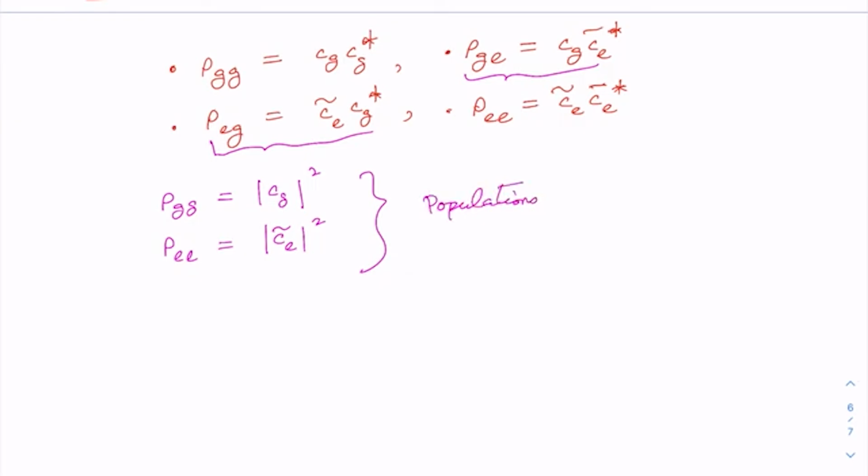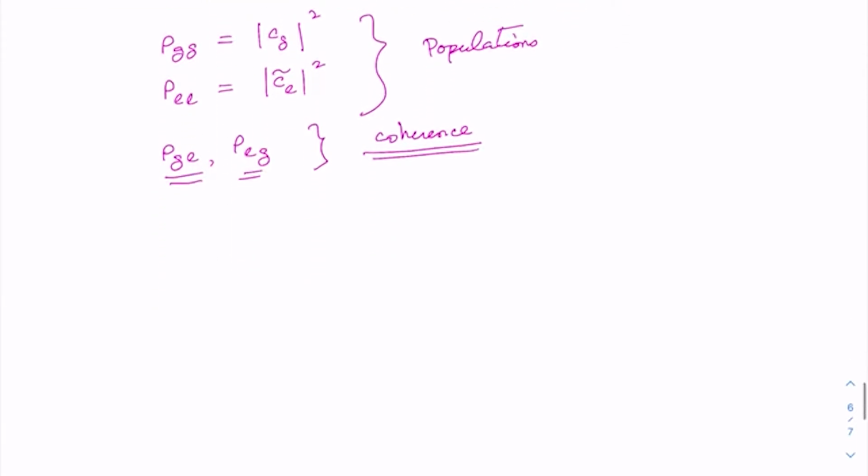On the other hand, rho ze and rho ez represent the coherence, because basically if rho ze and rho ez are non-zero, then you can create a superposition state between the ground state and the excited state. So more about all these things later on.